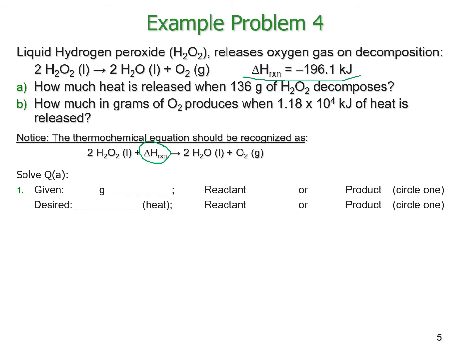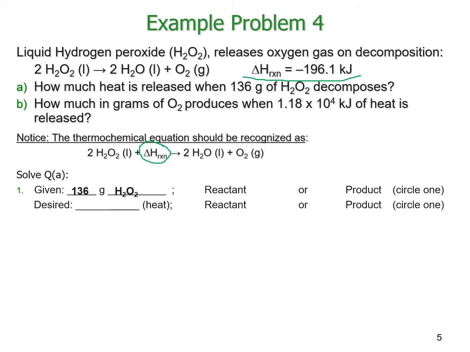All right, so what we are going to do here is follow the template that we used in chapter 4. In our first step, we collect information. When we look at question A, there's only one piece of information that we need to collect, 136 grams of H2O2. So we put it in place. The question wants to know how much heat is released. It doesn't say anything about the units of this energy.